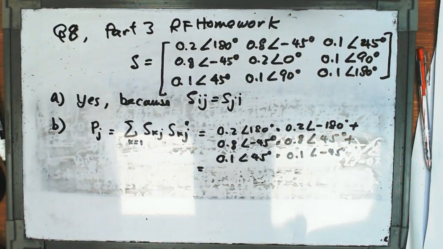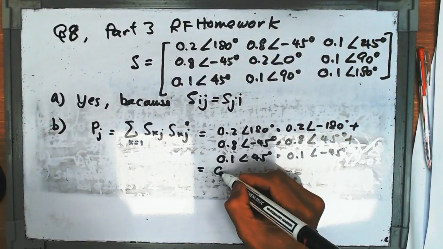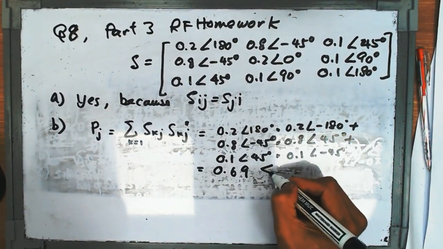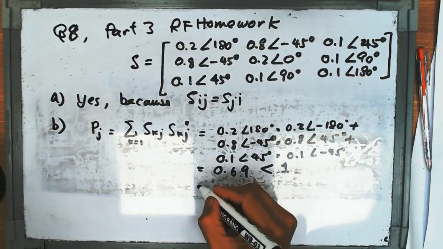So I got 0.69, which is below 1. So the network is a lossy network.